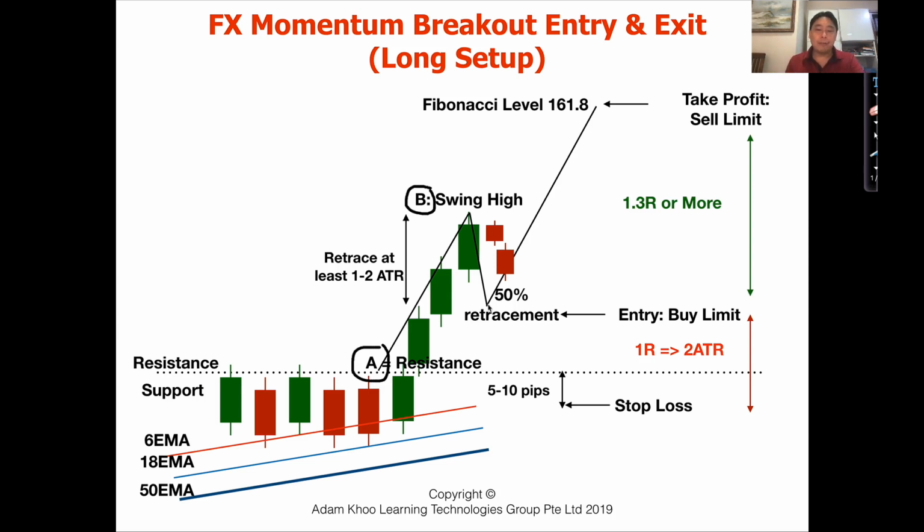First, you will see the 50% retracement level, and you will see the Fibonacci 161.8 level. This is where we'll be placing our take profit, our profit target, and the 50% is where we'll be placing our buy limit, our entry.